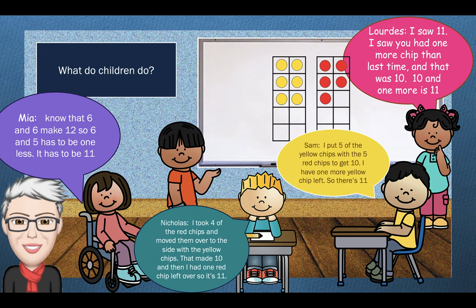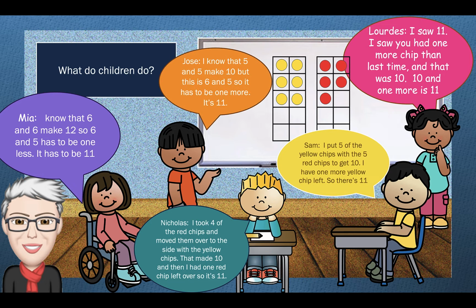Maya: I know that 6 and 6 make 12, so 6 and 5 has to be 1 less. It has to be 11. Jose: I know that 5 and 5 make 10, but this is 6 and 5, so it has to be 1 more. It's 11.